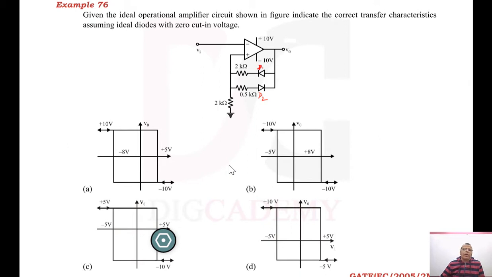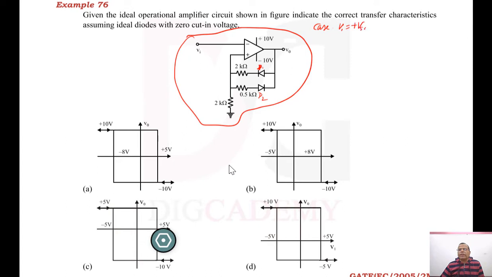This circuit is basically a Schmitt trigger because it has positive feedback and the input is applied to the non-inverting terminal. So there are two cases. Case one is when V0 is plus Vset.